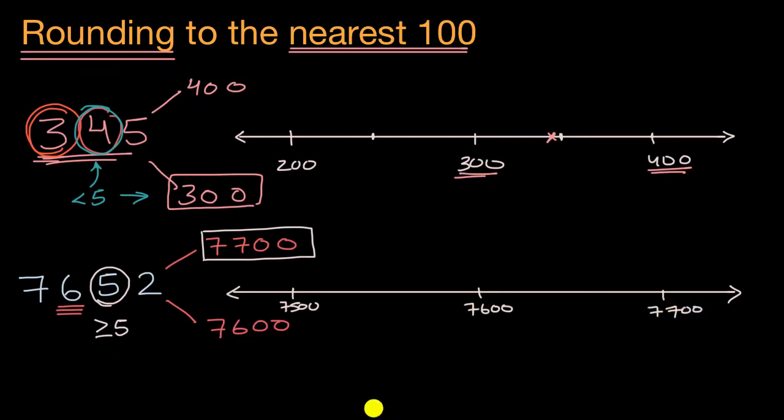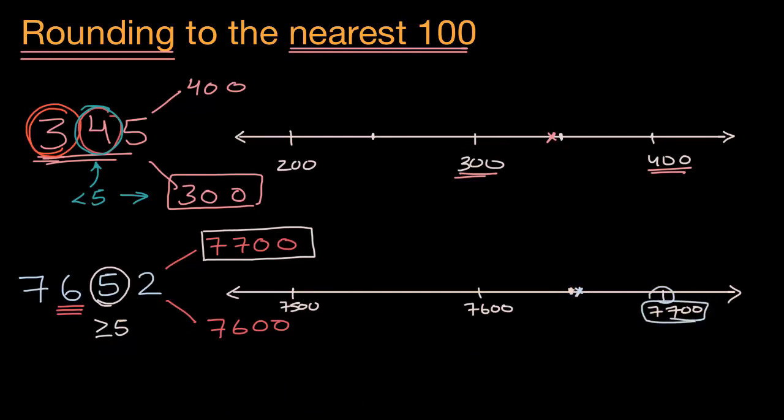And this would be 7,650 right over here. And so 7,652 is going to be a little bit more than that. Since you can see it's either right in the middle or to the right of the middle, we would round up to 7,700, which is exactly what we just did.